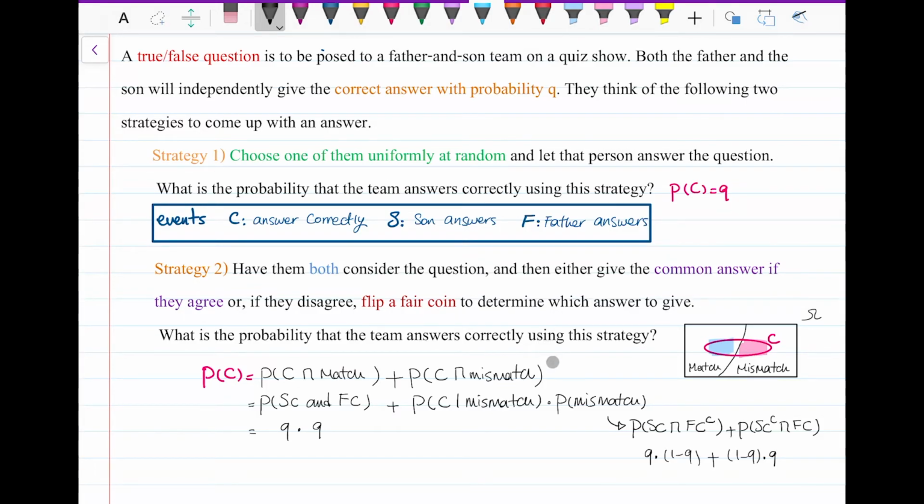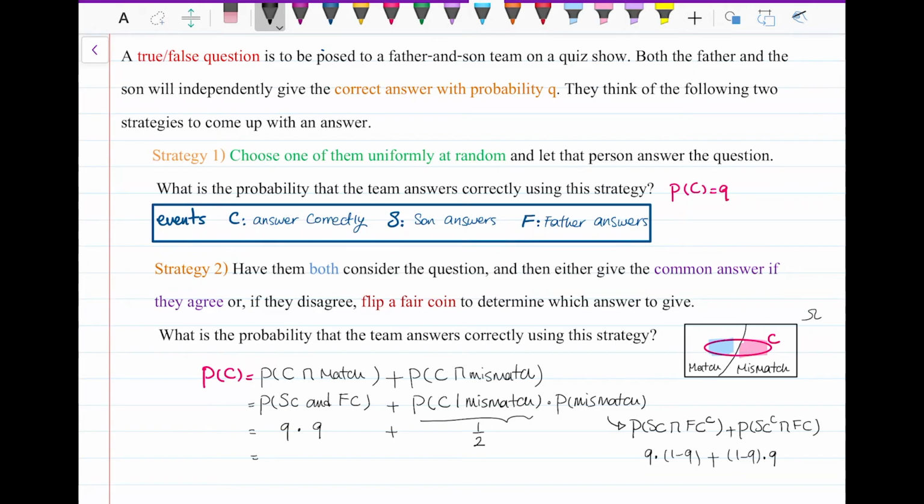We just have the situation that one of them gives the correct answer, and in that case, we just flip a coin. We say the father or the son, each one of them gives the correct answer or incorrect answer. So the probability in this one is just 1/2. It's just because we determine this probability by flipping a coin. And that's why it's just 1/2.